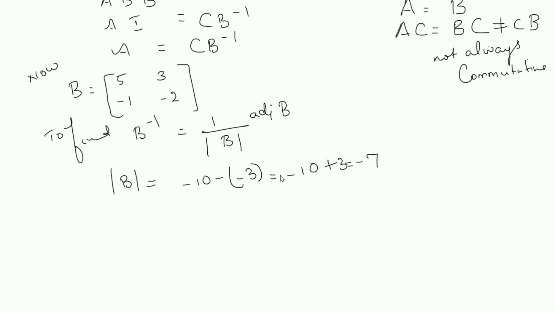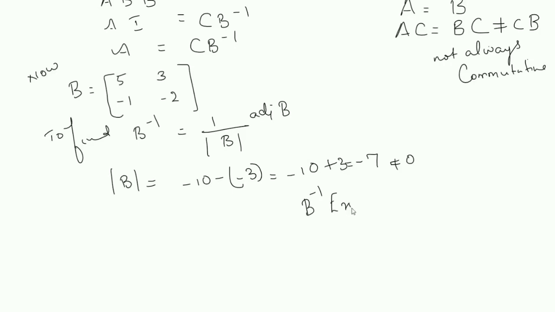So B inverse exists. You should always write that: only if it is non-singular, its inverse exists.